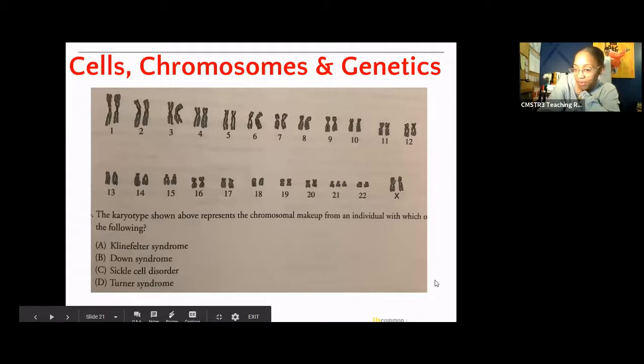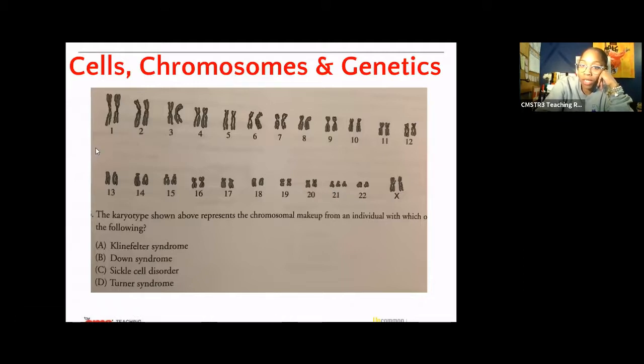Anybody know? There you go, trisomy 21. Tri meaning 3, and that means you've got 3 chromosomes on the 21st part of your karyotype. So this person has a relatively normal karyotype except for the 21st chromosome. They have 3 instead of 2. So this person would have Down syndrome, trisomy 21.